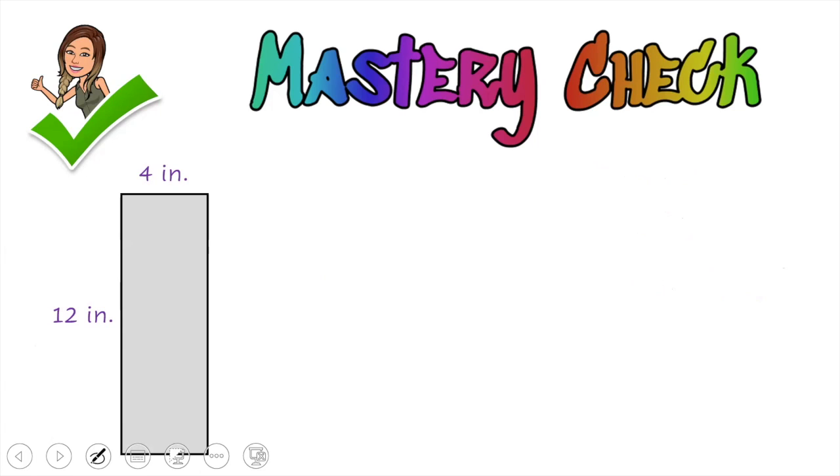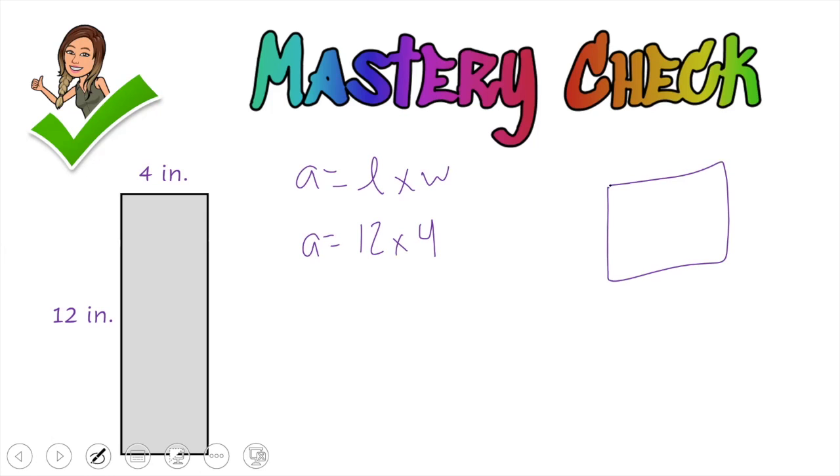Okay, so in this one, we still have our formula A equals length times width. So A equals 12 times 4. But I'm going to break that up into area model. So I have my box at the side here.